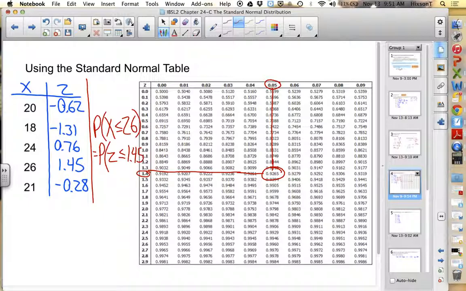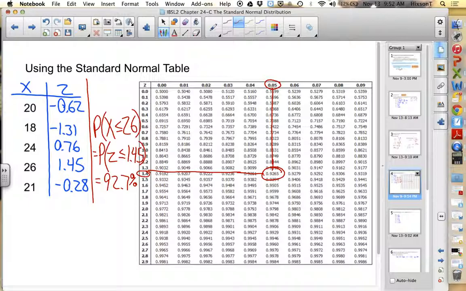Okay? Well, what probability is that? That's where this table comes in handy. We go to 1.45, and we have a 0.9265. So 92.7% if we rounded to the nearest tenth of a percent. Okay? So 92.7% of our data is going to be 26 or lower.